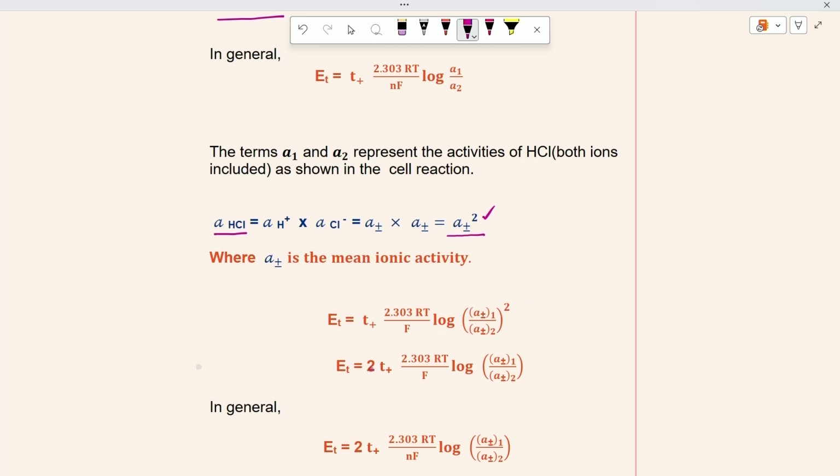Taking the square over here, you will have Et is equal to 2t+ 2.303 RT by F log a±1 divided by a±2. These are the mean ionic activities.